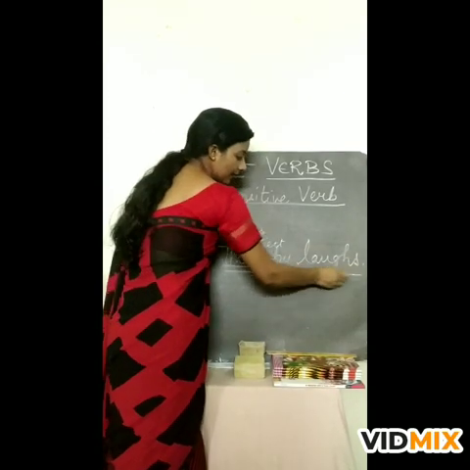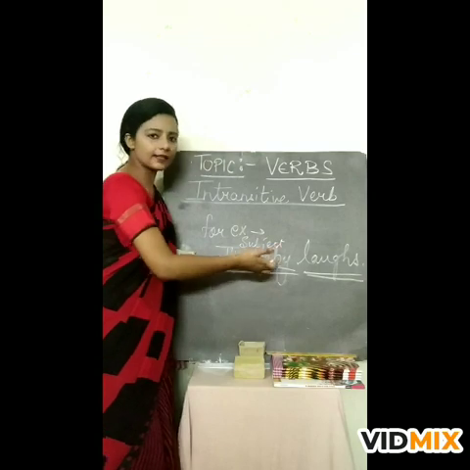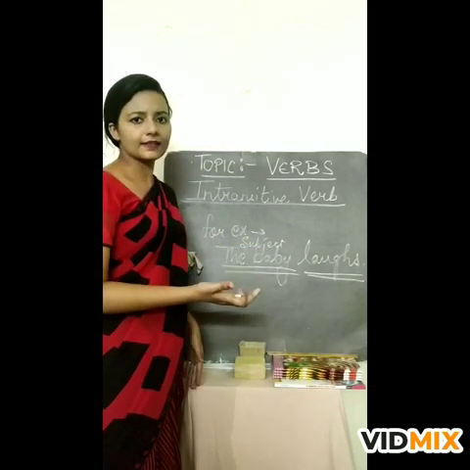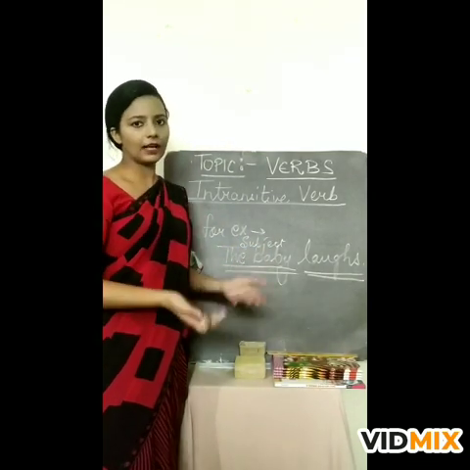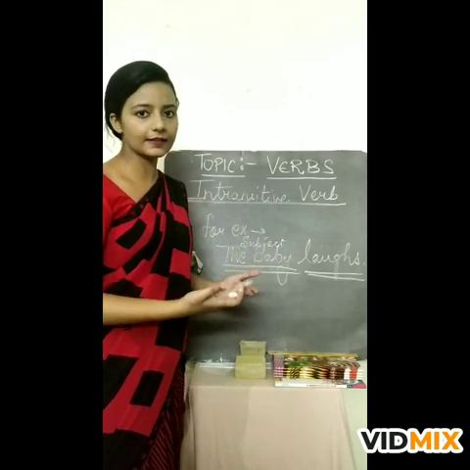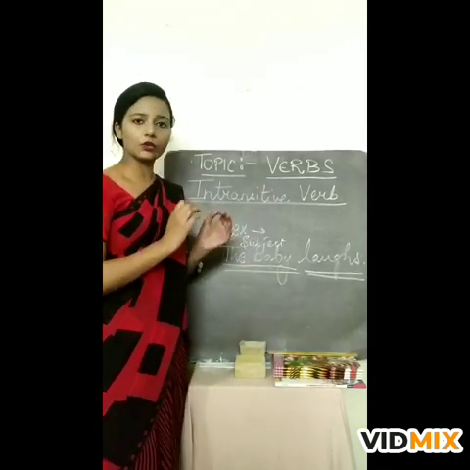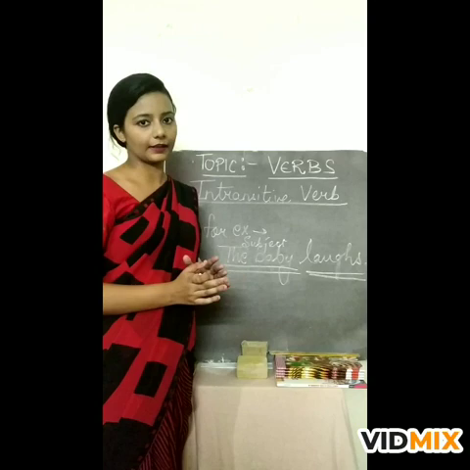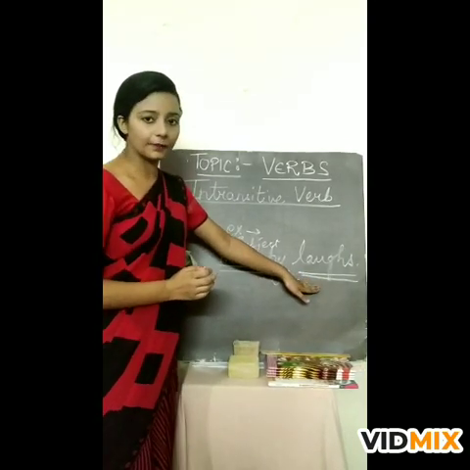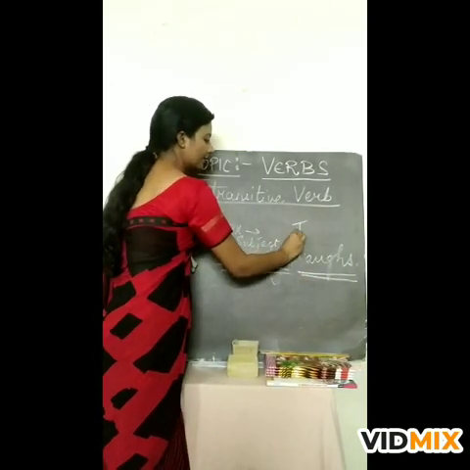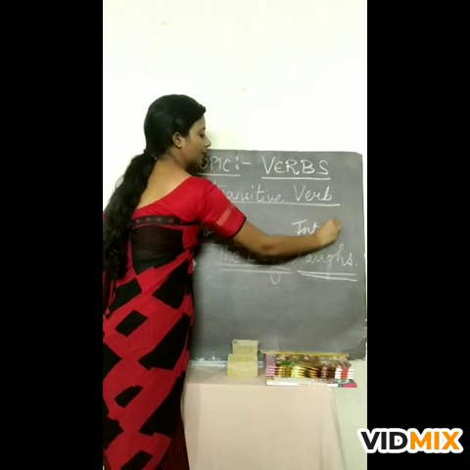Yes, the baby laughs. This sentence is making a complete sense, students, that the baby laughs. The baby is laughing. In this we do not need any object. So laughs will be the intransitive verb. Okay.